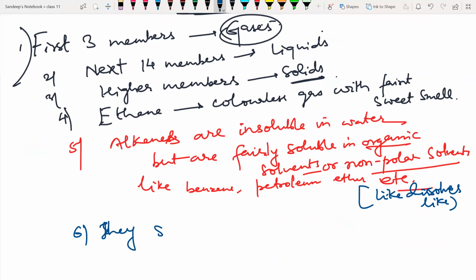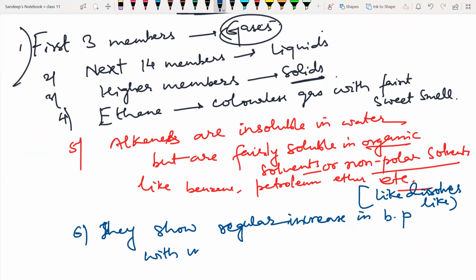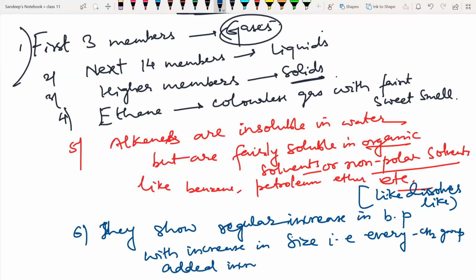They show a regular increase in boiling point with increase in size. That is, every CH2 group added increases the boiling point by 20 to 30 Kelvin.